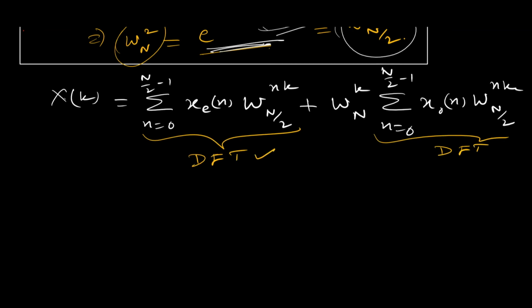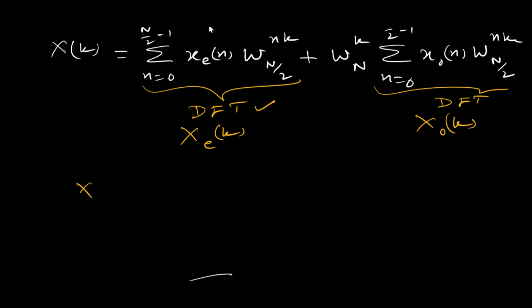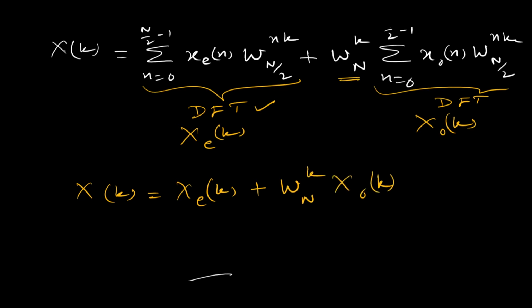This one is the DFT for the even sequence and this is the DFT for the odd sequence. So I can write it as X_e[k], and this I can write as X_o[k]. Therefore my X[k] will become equal to X_e[k] plus this Twiddle factor, which will remain as it is, multiplied with X_o[k]. Let us mark this as equation number 1.